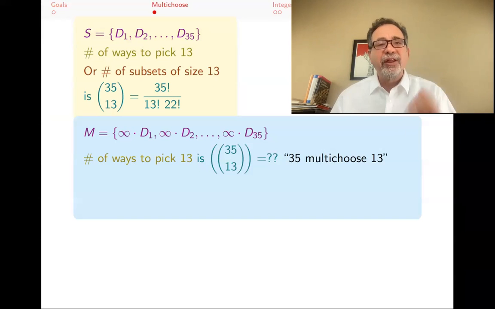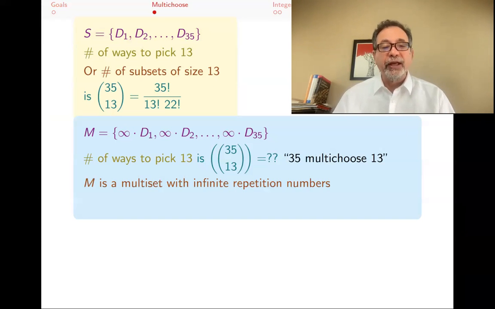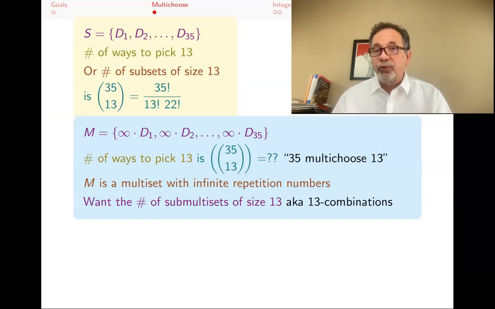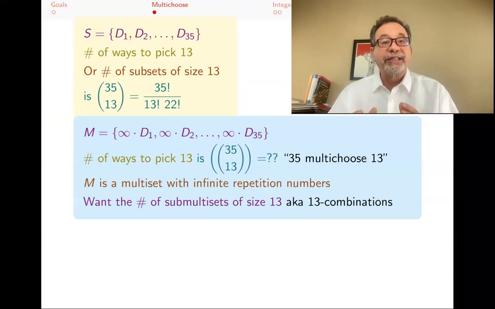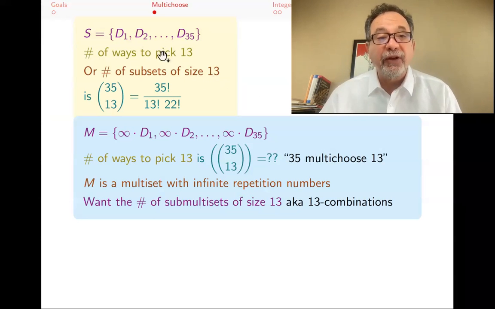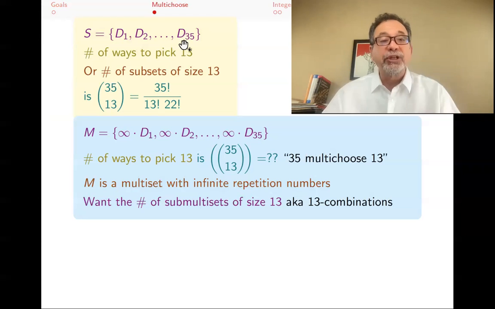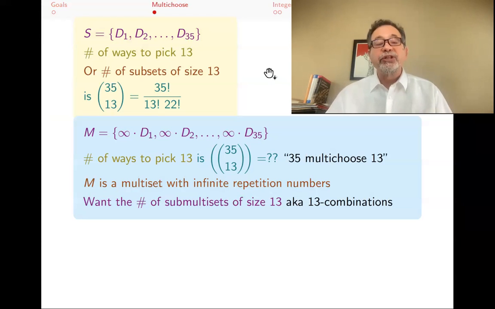Again, we read that 35 multi-choose 13. So M is a multiset with infinite repetition numbers, and we want to find the number of sub-multisets of size 13, sometimes known as 13 combinations. The problem with calling it 13 combinations is that then you don't know, are you talking about a multiset or a set? The subsets of size 13 of the original set, not the multiset, are also called 13 combinations.